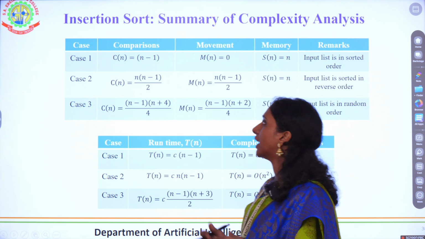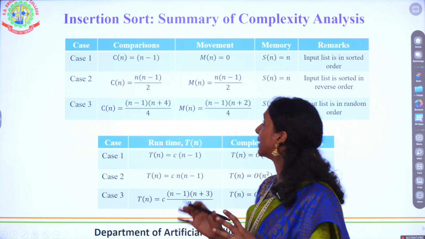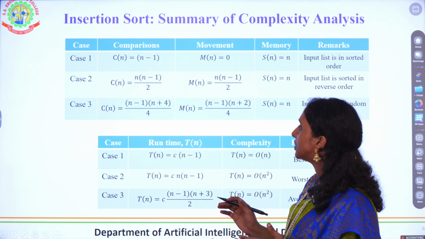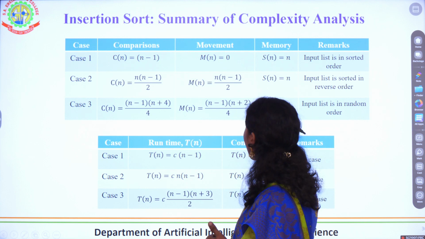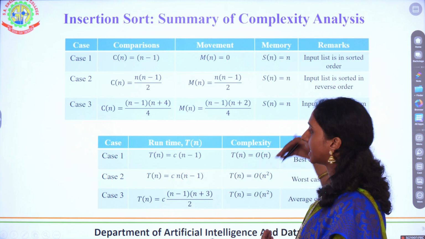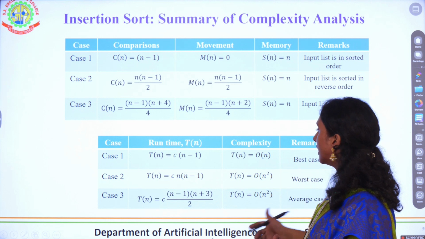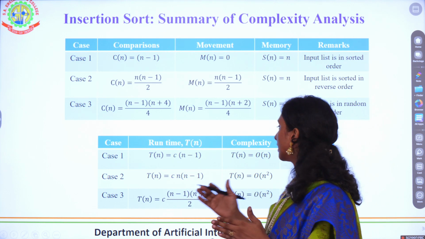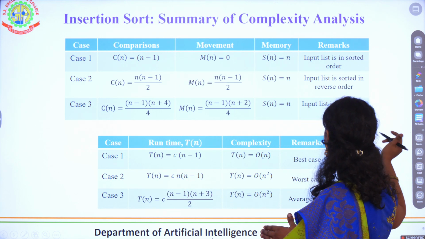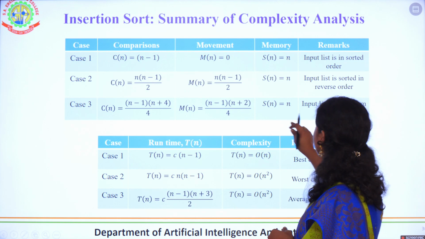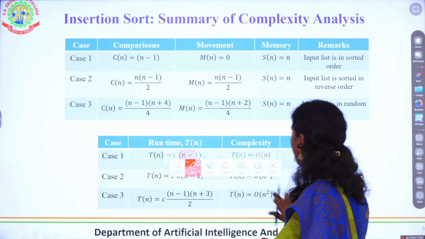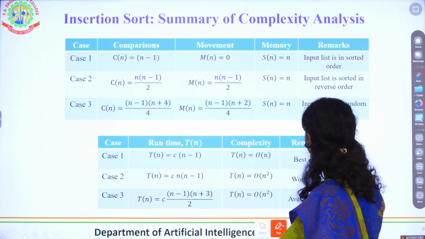So here I am giving you a summary of the complexity analysis, in which you can see the number of comparisons for each different case, and also the time complexity. Here the main difference you can observe is the time complexity.